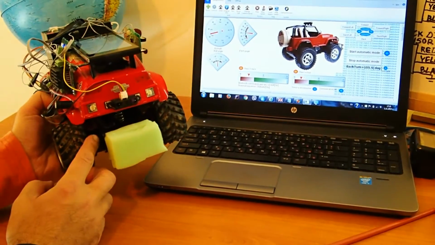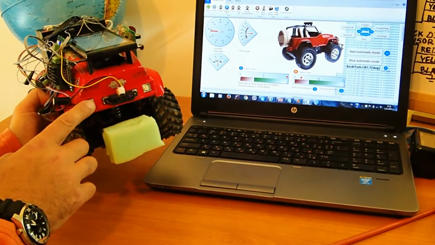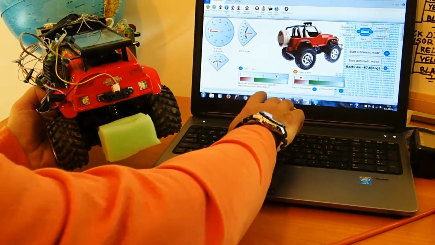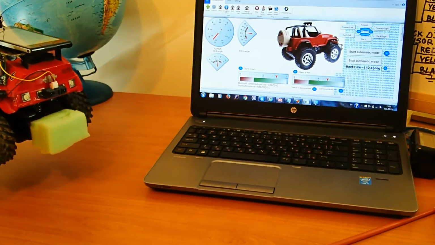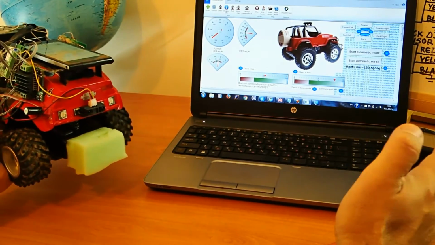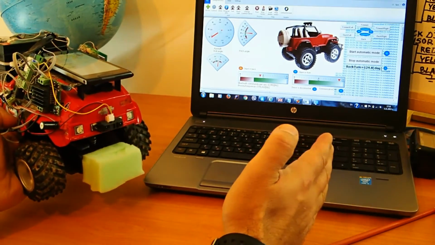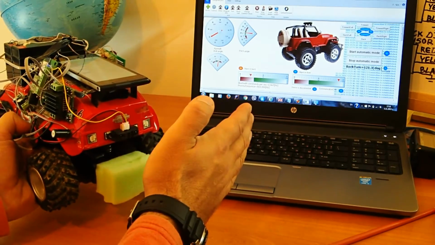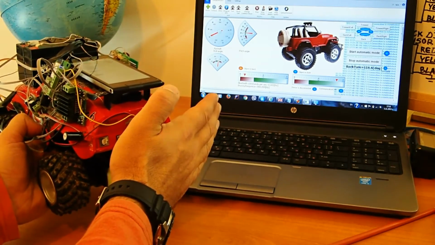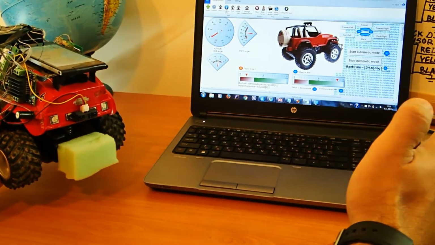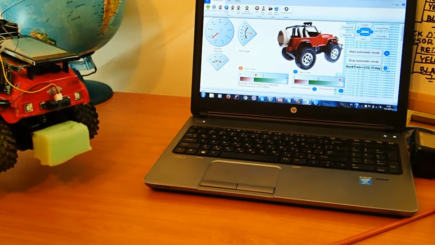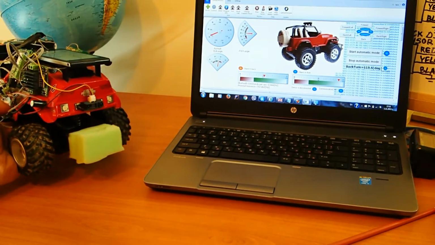For example, I will show the distance between the car and back object on this control. When the distance between car and object is under half meter, the lamp over the control becomes red.